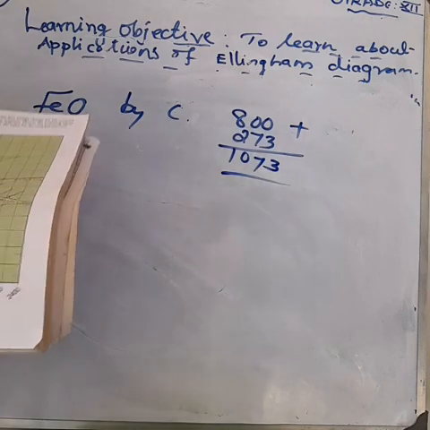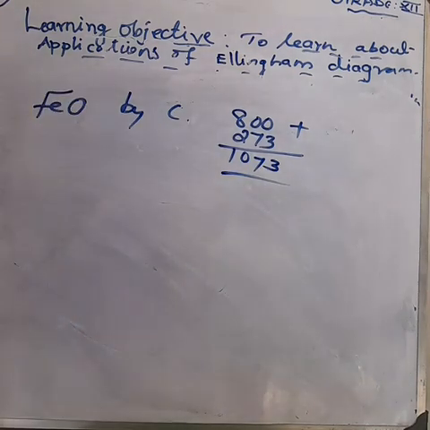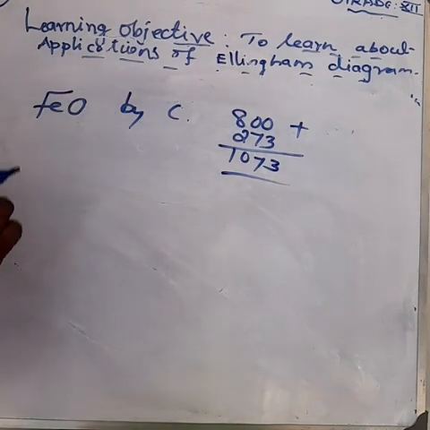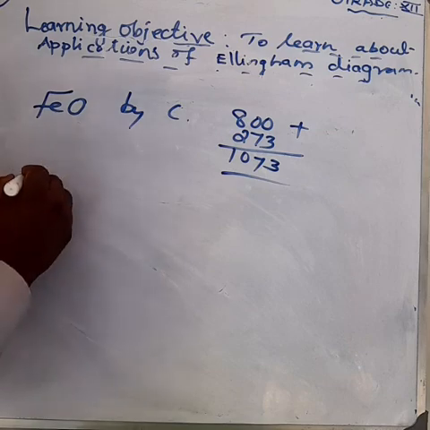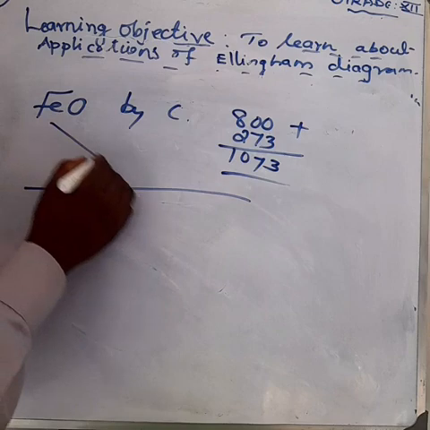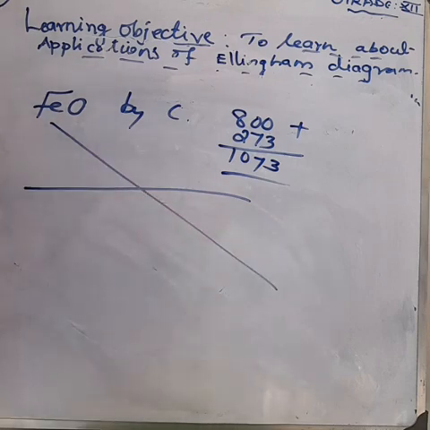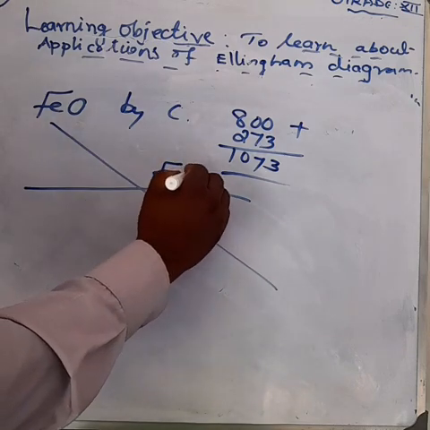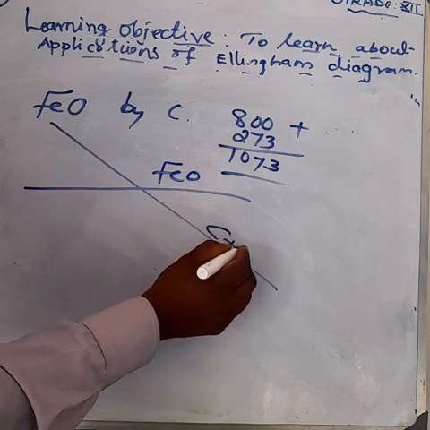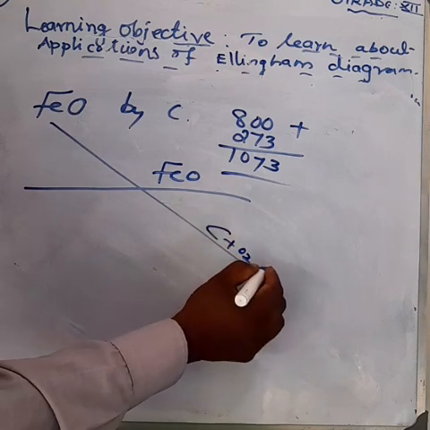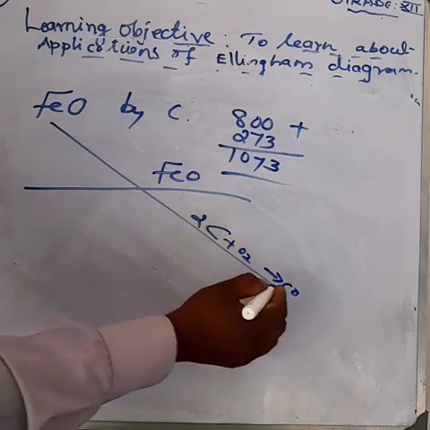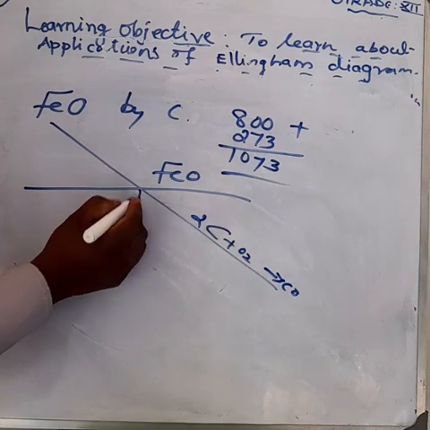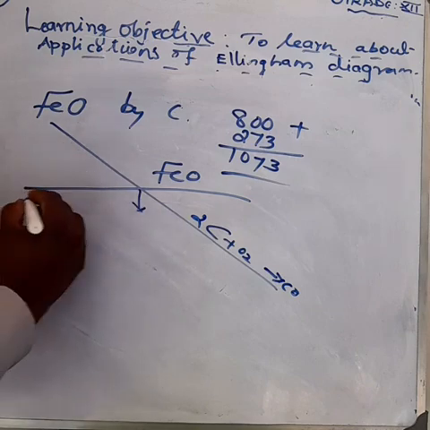Below this temperature, the carbon line lies above the iron line. Can you understand? First we look at the blue line, which is the iron oxide.